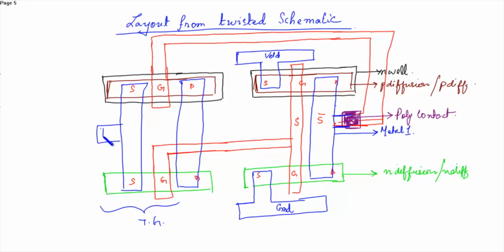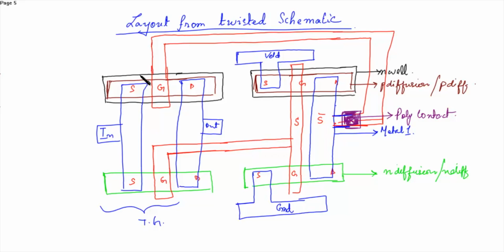This is the input and this is the output. Okay. Now you have placed the input, output, select line. Now the only thing left is the contact. The diffusion contacts and the substrate contacts.